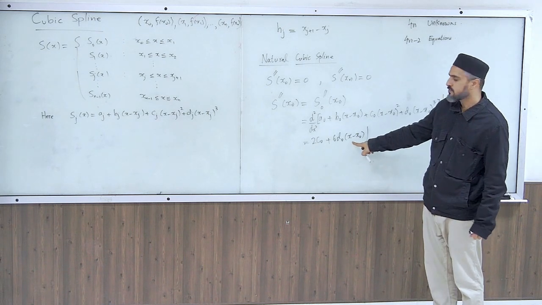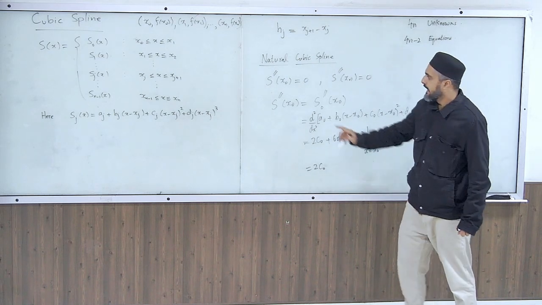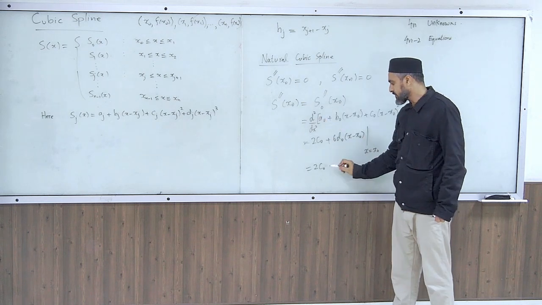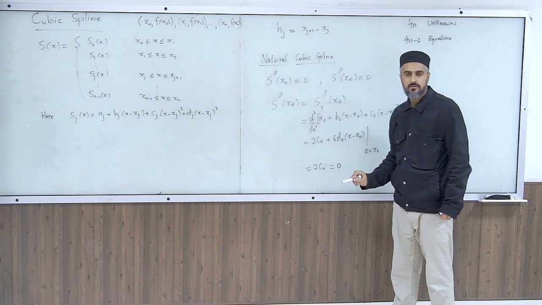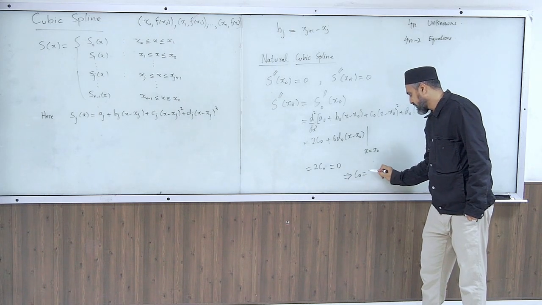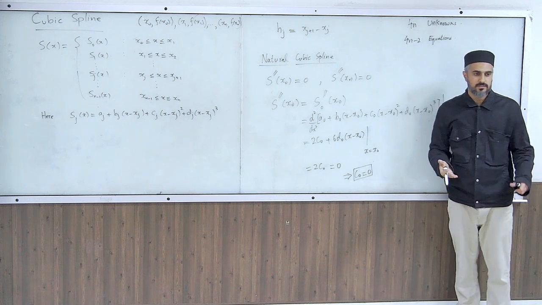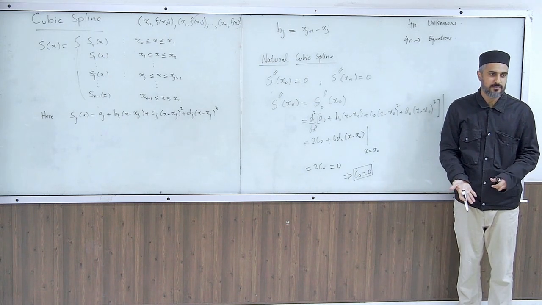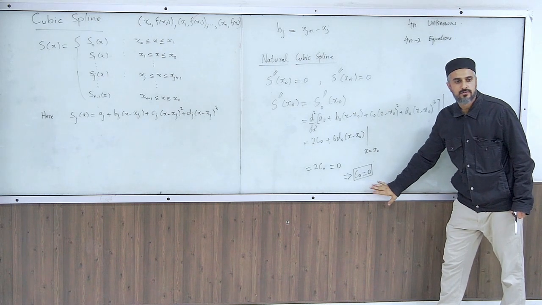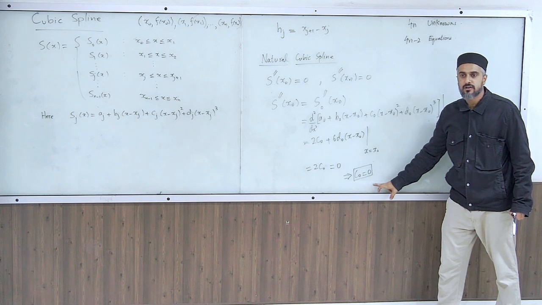If you plug in x equals x0 here, we get 2c0, and it says S second derivative at x0 is 0. So c0 is 0. With this you'll be able to find c0 as 0.